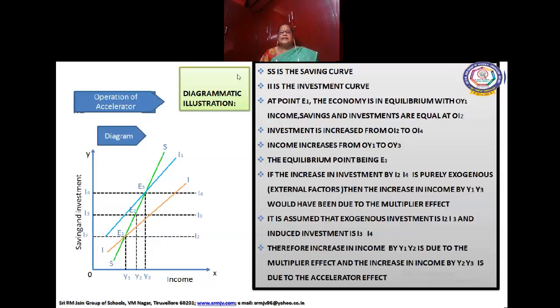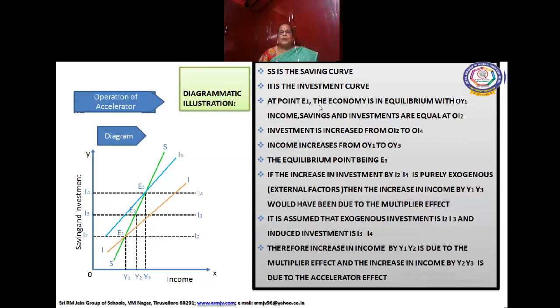Now, let us see the diagram illustration. YS is the saving curve. This green line is the saving curve. II is the investment curve. This blue color line, and orange color line, II is the investment curve.